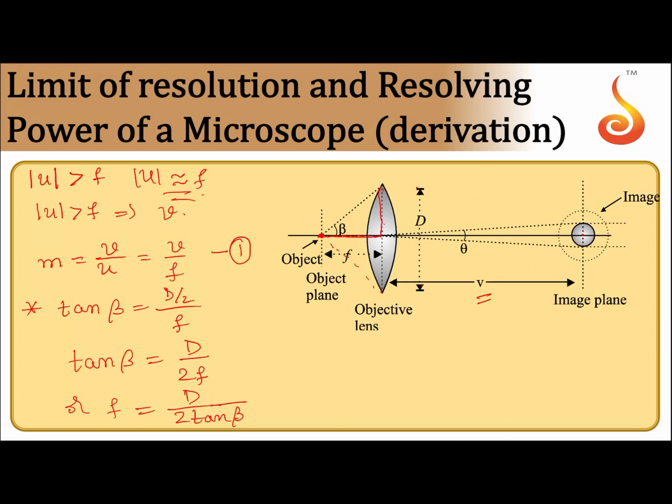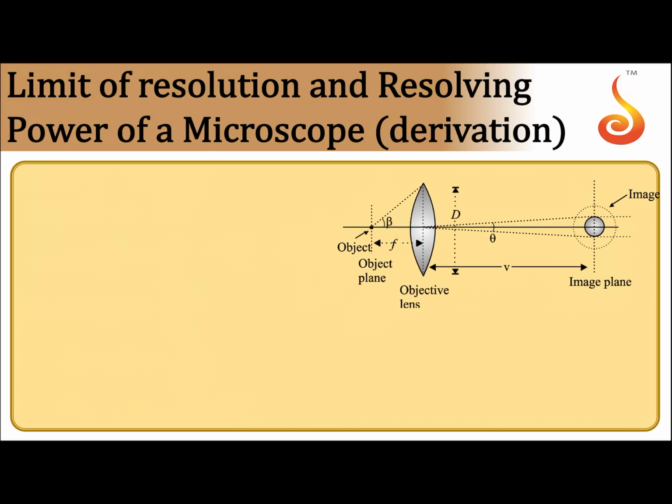So here beta is semi-vertical angle of the cone of rays reaching the objective. Since beta is small, beta will be very small. In case of microscope, objective diameter will be small. So if d is small, then beta will also be small. In that case, tan beta is approximately equal to sin beta.